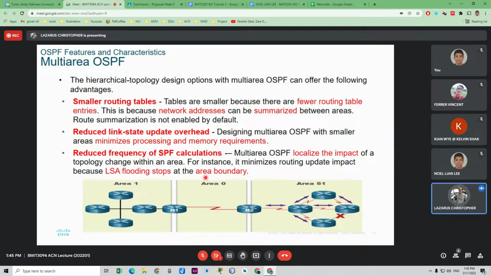As a network administrator, you should think, okay, now I have this network, and my routers are few enough that I can say all my routers are in a single area. Now, as a network administrator, it is best practice to call it area zero. There are no other areas. So that's my backbone.